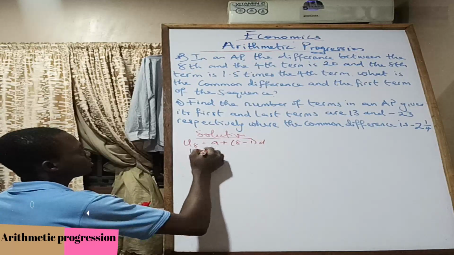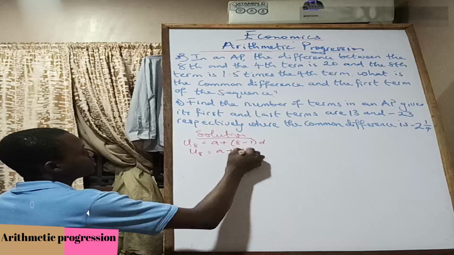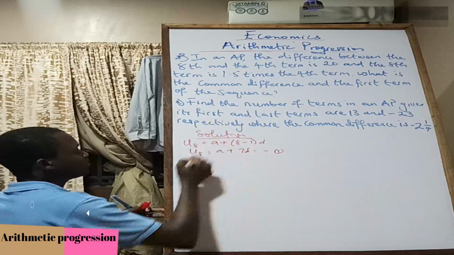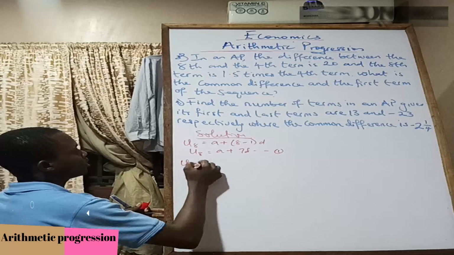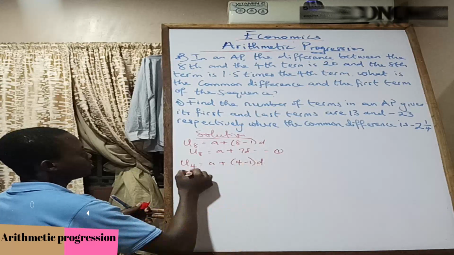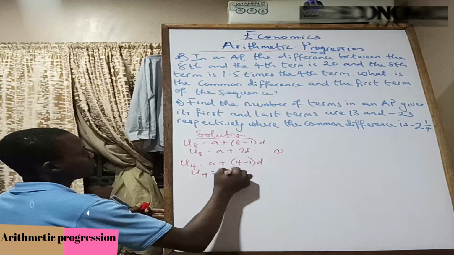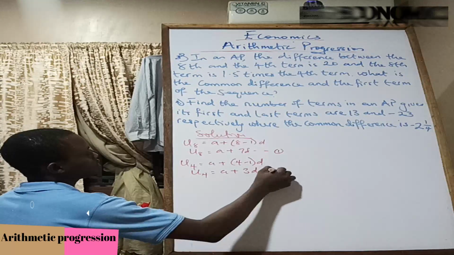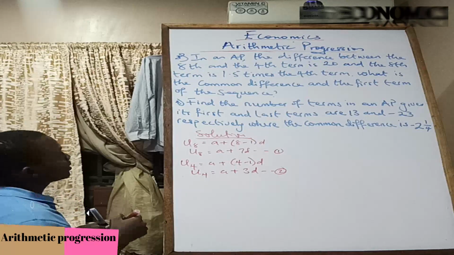So u8 is a plus 7d. Keep this one somewhere. And then there is a fourth term, u4 equals a plus 4 minus 1 d. u4 equals a plus 3d.